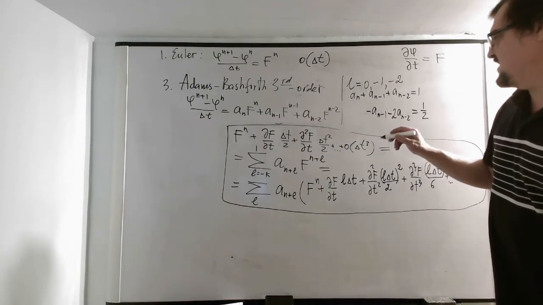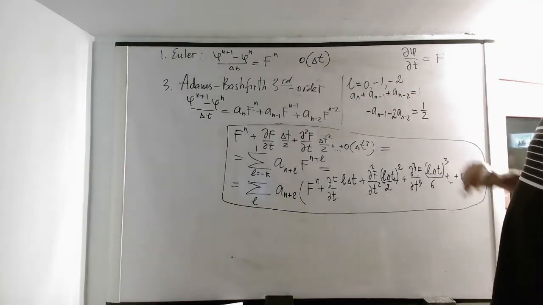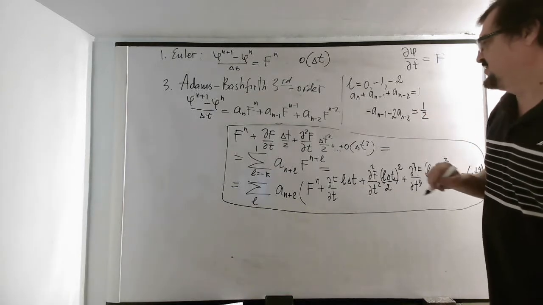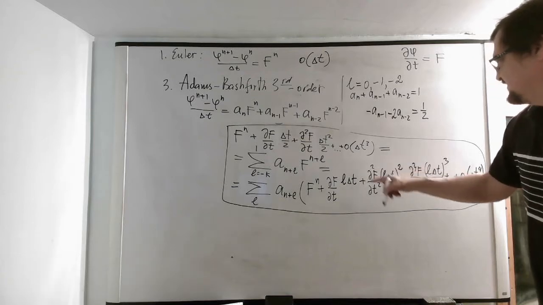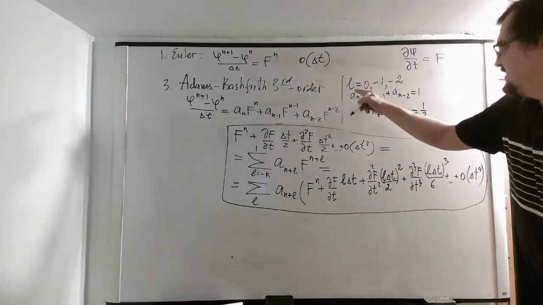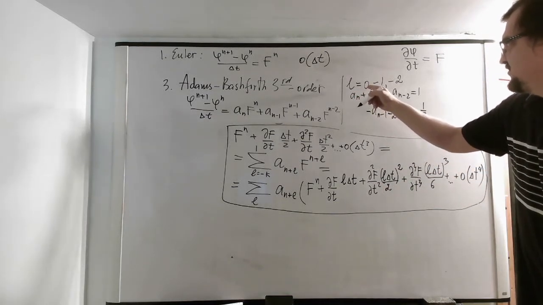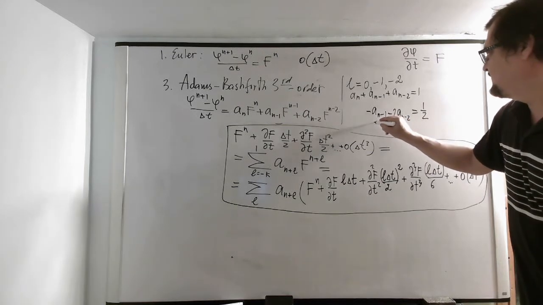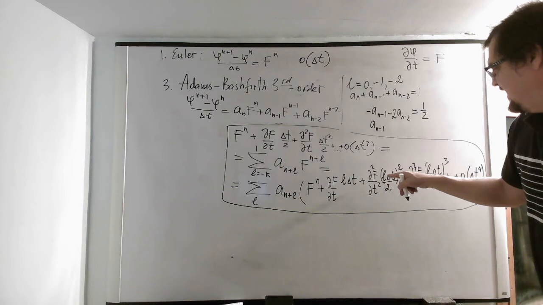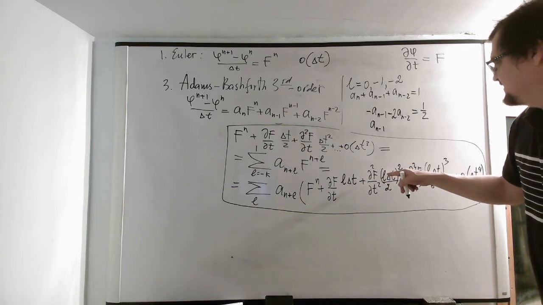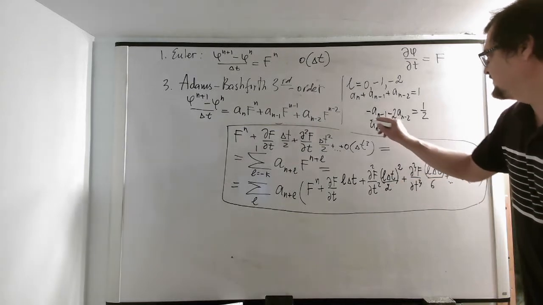So now next equation, because we have three coefficients, we need three equations. So the next one is going to be for this derivative. So again, in front of a n is going to be 0, because L is 0. Now for coefficient a n minus 1, L is minus 1, L squared, so minus 1 squared becomes just 1, over 2, so it's 1/2.